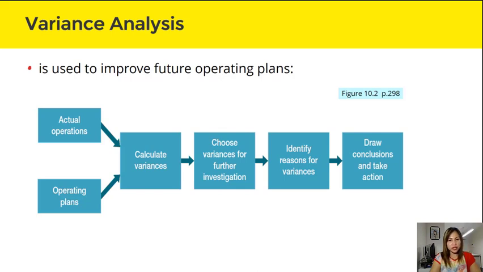Once you calculate the variance, remember you need to review which variance needs further investigation. Not all variances have to be investigated. Then the next step, you need to play detective here. You need to identify possible reasons for these variances. Then you need to draw conclusions and take action on how you can deal with these variances.